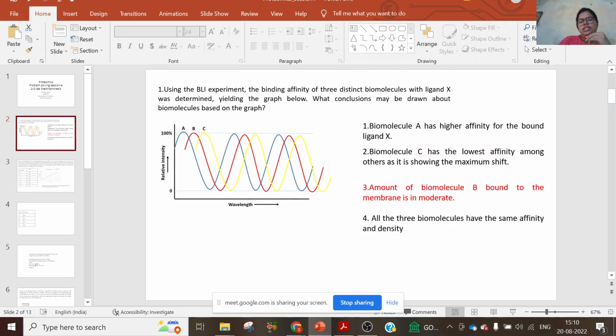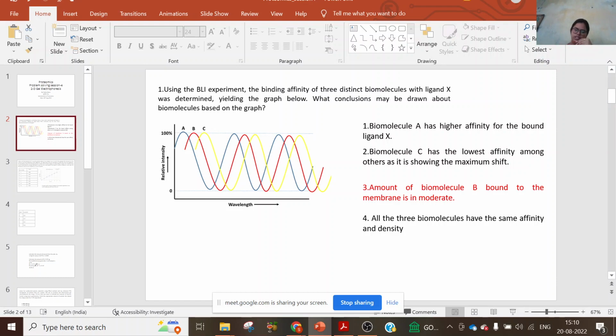So this is opposite. The statement is completely opposite of what it is. If a particular biomolecule is showing a maximum shift, it means that it has the highest affinity and not the lowest affinity. So even this option is incorrect.